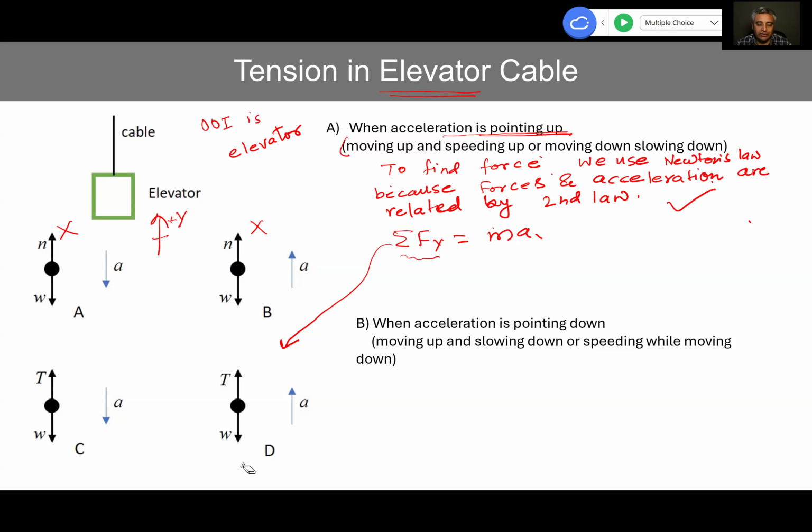Can you type that in the chat? How many forces? 1, 2, 3. How many forces are acting along the vertical direction in this free body diagram? Count the number of forces, count the arrows basically, that start from the dot.